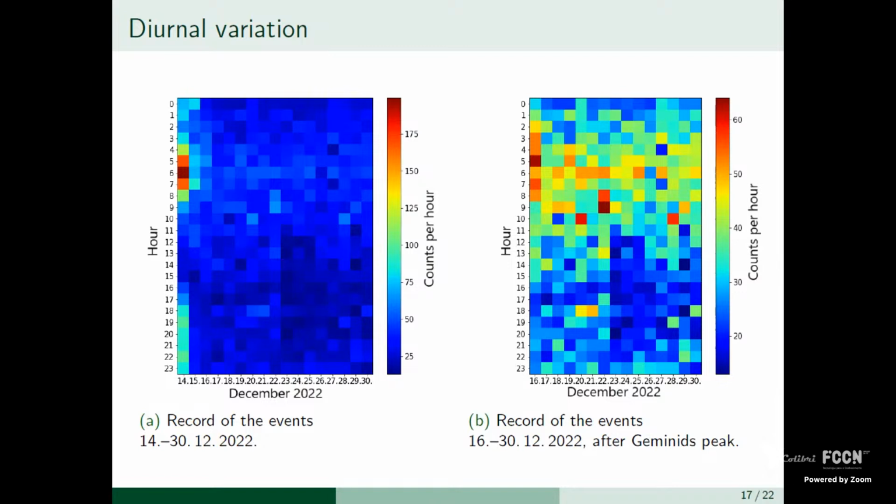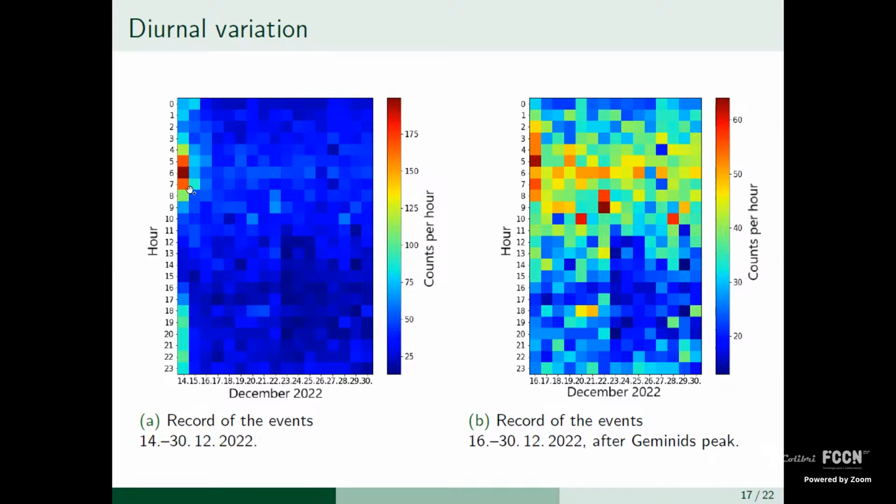So you can see this is from December last year, but we can't really see any significant diurnal variation as in the picture before. And this is because around the 14th of December, something is happening, and that something is the peak of the meteor shower called Geminids. So you can see a very large peak here around 6 a.m. on the 14th of December.